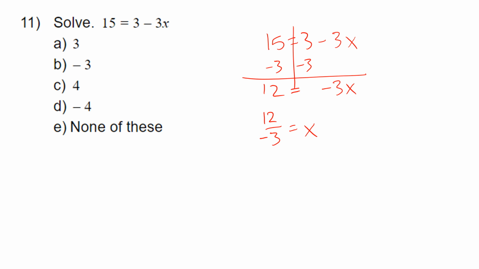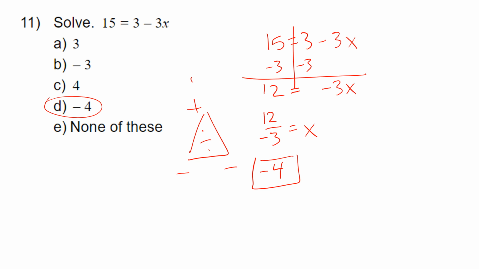And 12 divided by negative 3 is negative 4. Oops. Negative 4. Again, that zero triangle. Just to remind you, positive divided by a negative is a negative. All right.